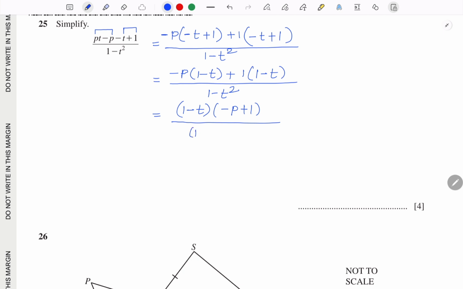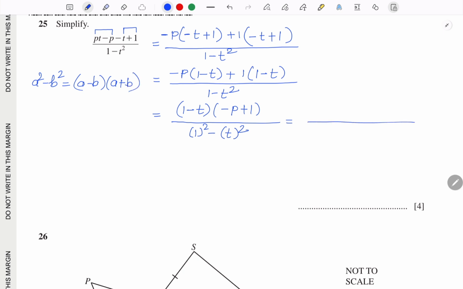I can write this as 1 squared minus T squared. And here, see, A squared minus B squared is A minus B into A plus B, right?